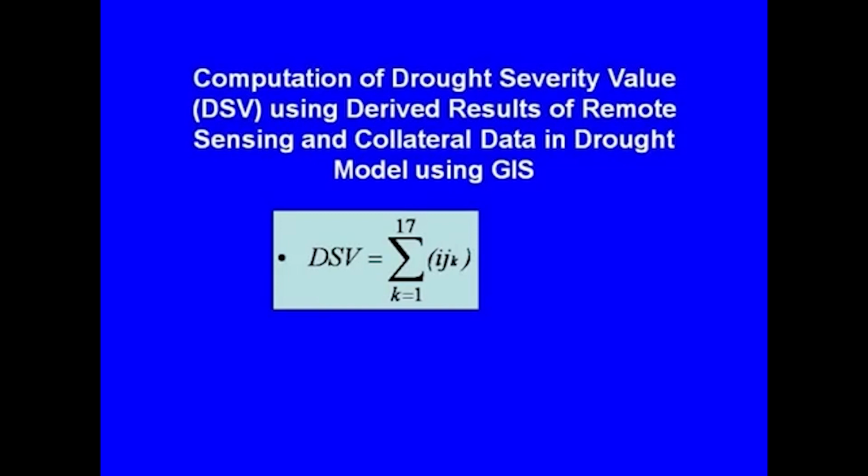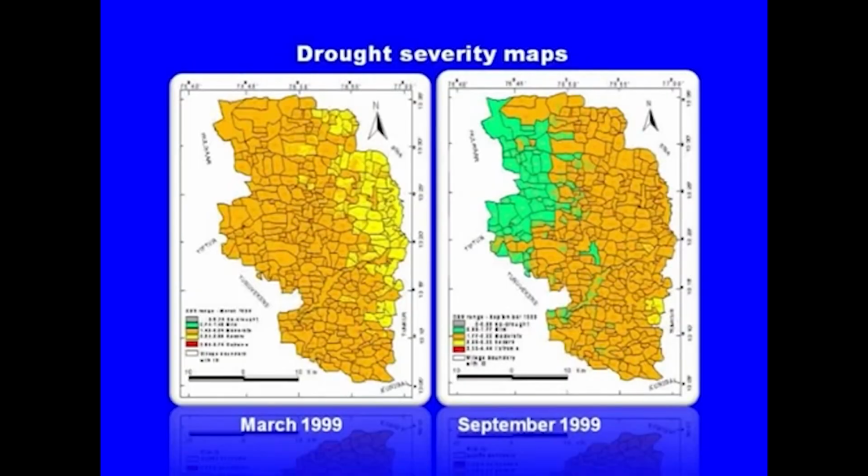Based on this information the computations of the drought severity index have been carried out, and using this index we can now find out the drought severity map.